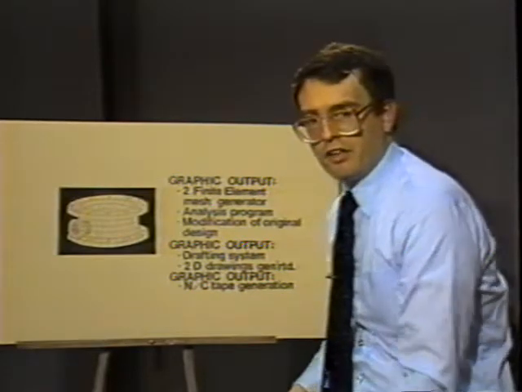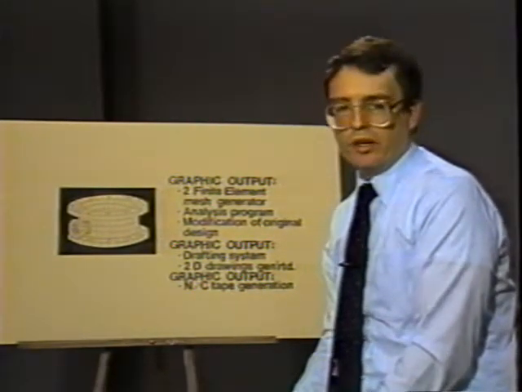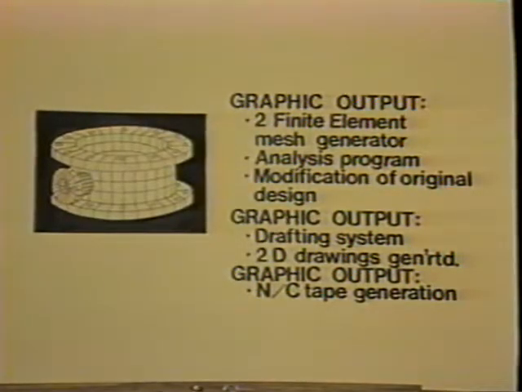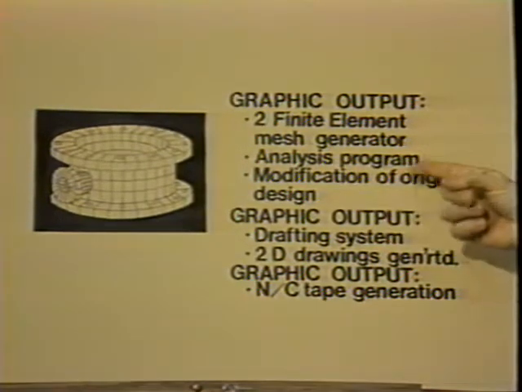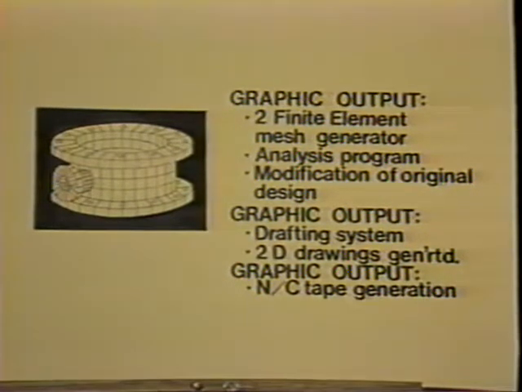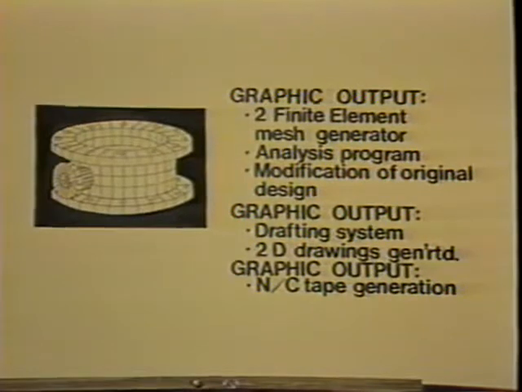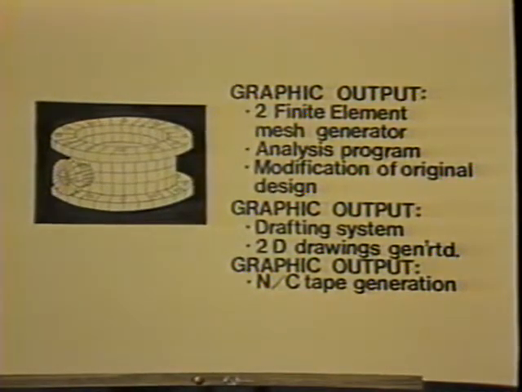Having defined this object, what can we now do with the database? Well, one thing we can do is, using a finite element mesh program, enmesh this valve and prepare it for analysis of various types. For example, finite element analysis, in which we could do linear and nonlinear analysis.